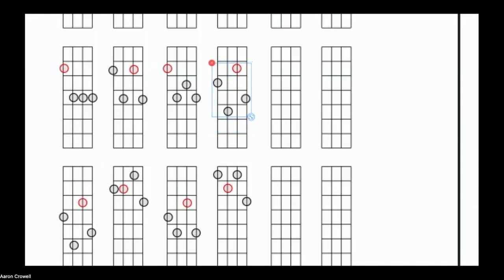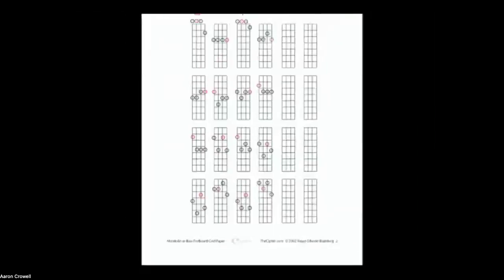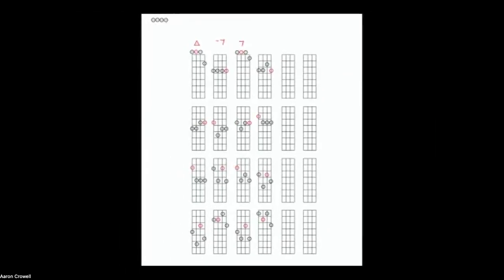Right, so we just move everything here. And move that up. And there's your minor 7 flat 5, or your half diminished picture, right?